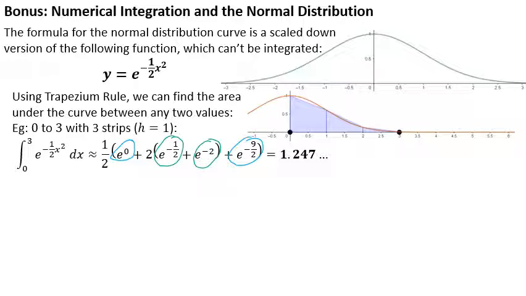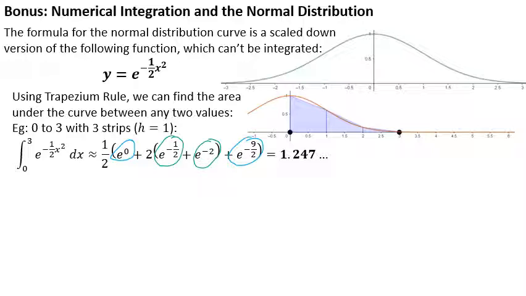a much larger interval. The other thing to notice here is that some of the trapezium strips underestimate the area and some of them overestimate. You might remember that there is a point of inflection at x equals 1 on both the standard normal distribution curve and this one.